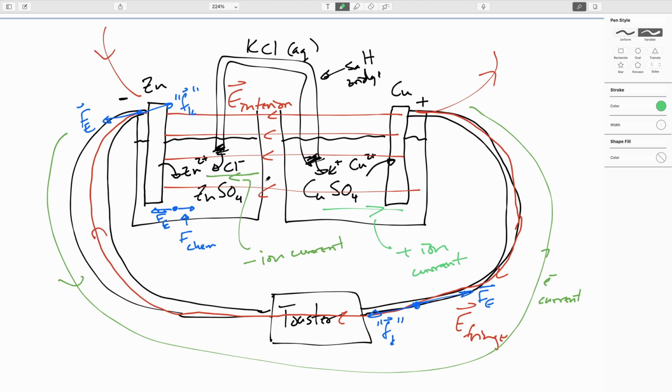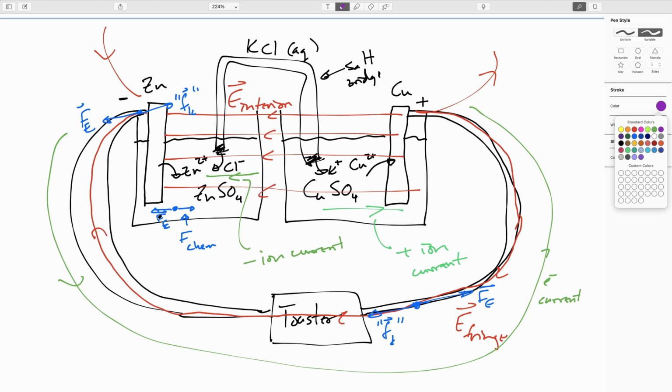So let's think about the conventional current everywhere. Which way is the conventional current going outside the wire? Yeah, outside the wire, it's going around clockwise because it'll go against the electron current. What about inside the battery? Well, it goes with the positive ion current, so left to right, check, and against the negative ion current. The negative ions are going right to left.